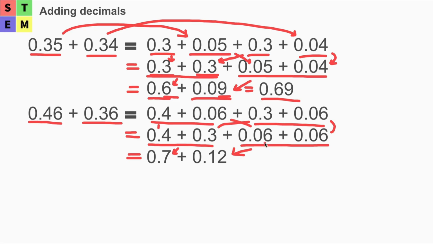Because 6, so 600 plus 600 there is what? 1200, right? So again, we got additional 10 hundredths, which is 1/10, right? So that means we got 1/10 there, and we got 7/10 there, right?